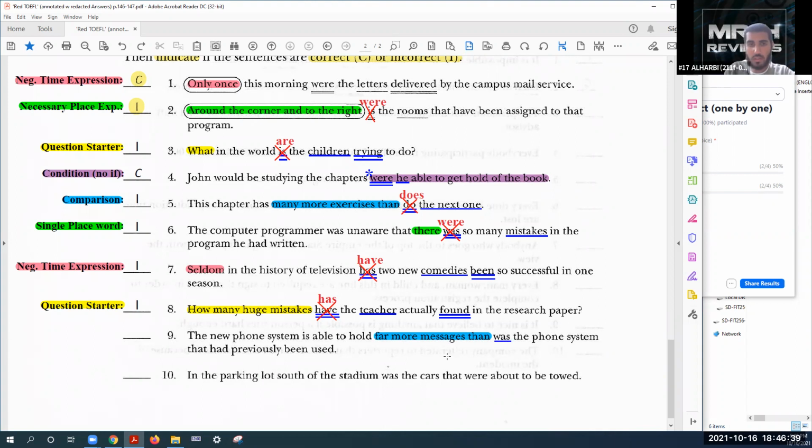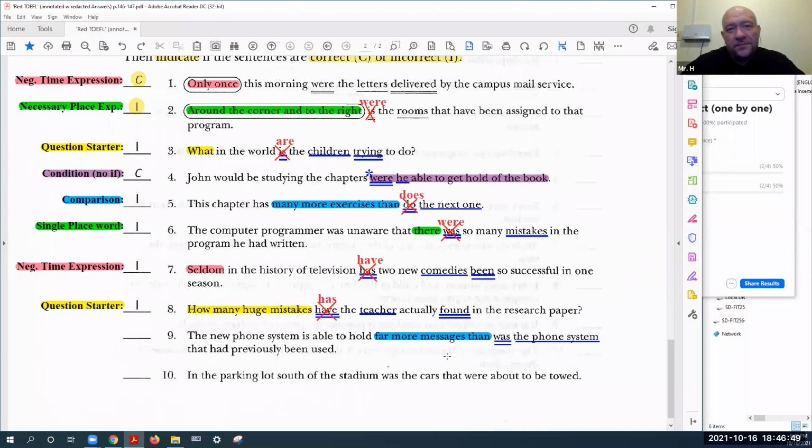That's right. And then? Then the phone system. That's right. Subject. The phone system. That's right. Do they match? I think so. I put correct because it's singular. Bingo.